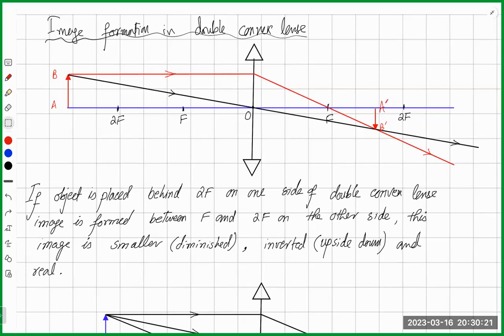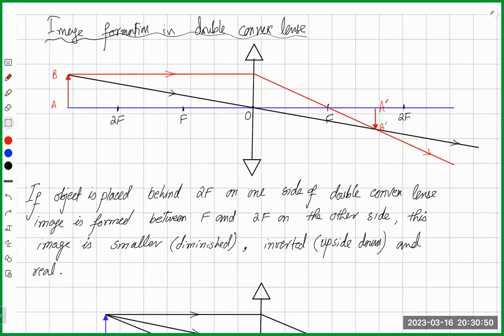Number one, for the first diagram, we will put an object. An object can be a flame, a torch, or any illuminated object. So if we put it behind 2F and draw a line parallel to the principal axis, make it pass through F on the other side, and then draw a line through the optical center which passes straight through.